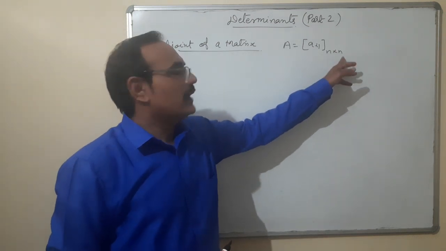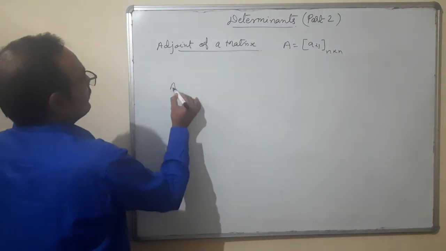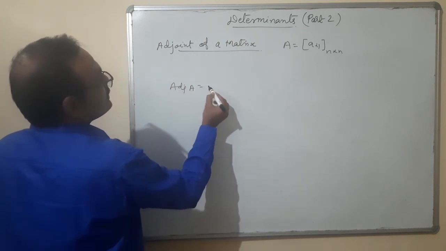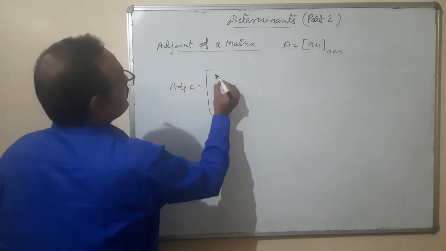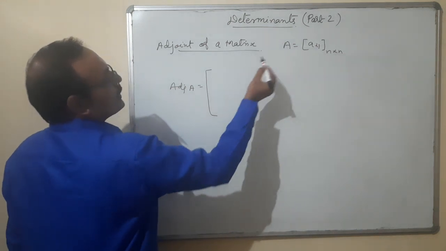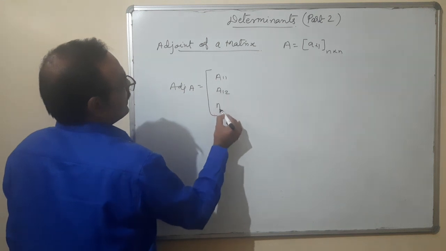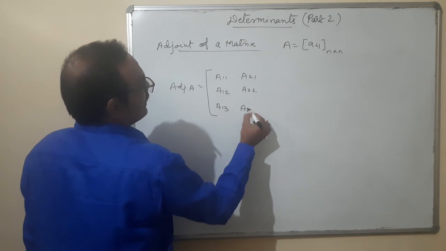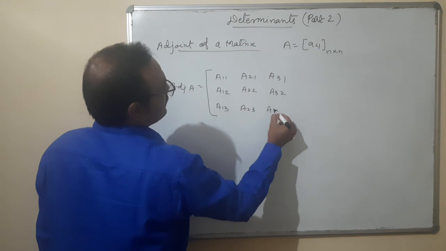The adjoint of A, in short form ADJ A, is equal to the transpose of the cofactors of all the elements: A11, A12, A13, A21, A22, A23, A31, A32, and A33.